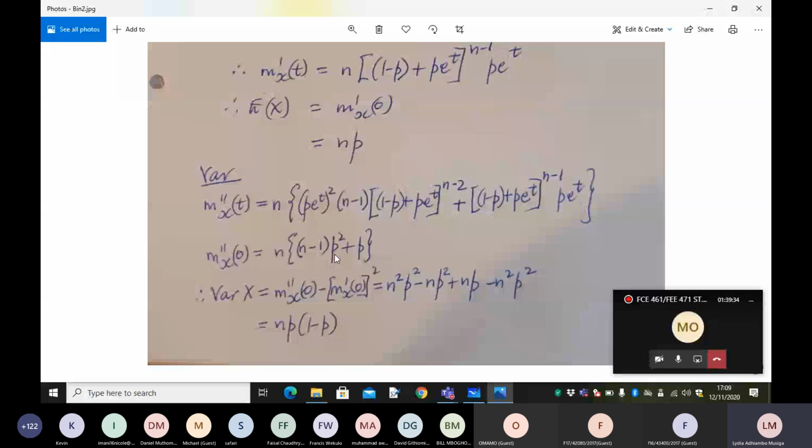Okay, so we can proceed. Now we know that for the binomial distribution, the expectation of x is given by np, and the variance is given by np into 1 minus p.